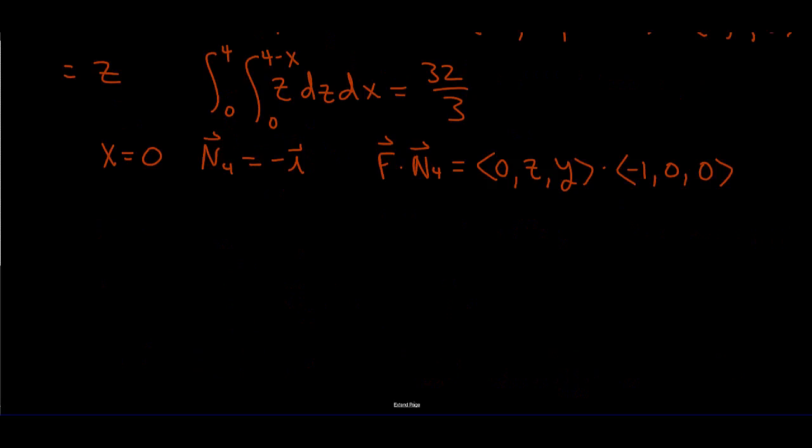Okay. Now, let's see what this is. It looks like, oh my goodness, that's just going to be 0. Well, if that's 0, then this integral, from 0 to 4, from 0 to 4, of 0, and then dA, or let me go ahead and put this in, dx dy.